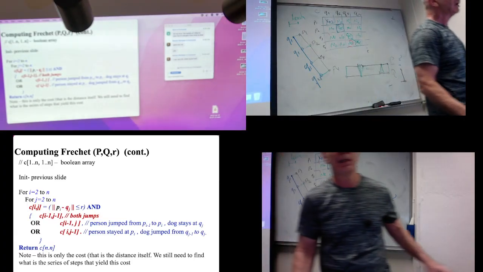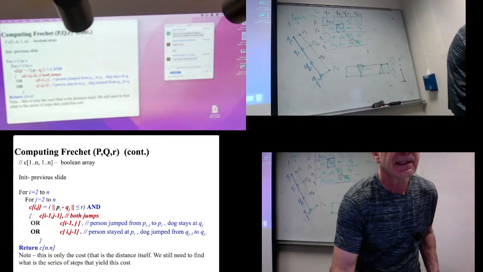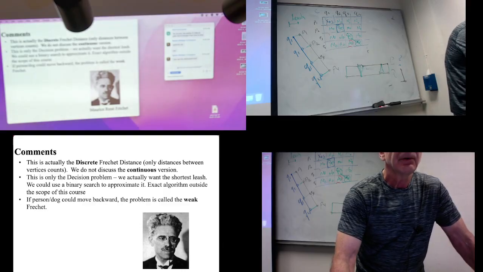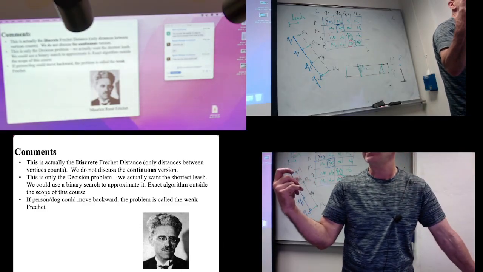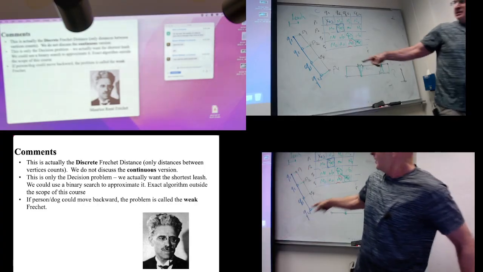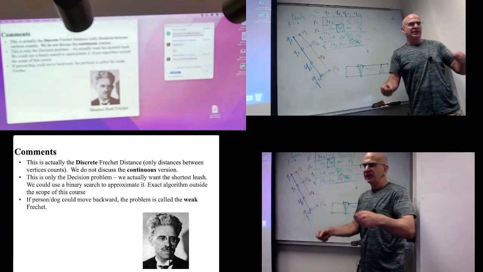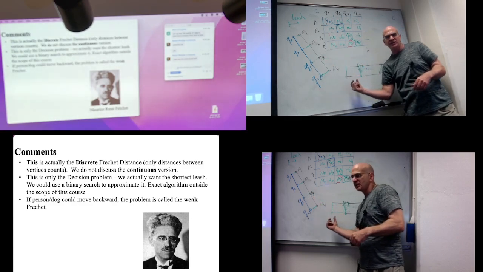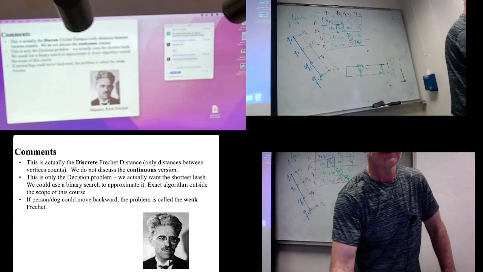Okay. Next example. A few comments. What we discussed is a discrete Frechet because we only measure distances between the endpoints of the 2 curves. Continuous Frechet means that they are moving continuously along the curve. Every point counts.